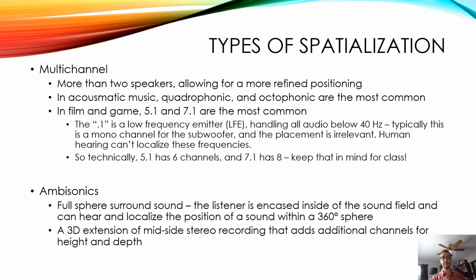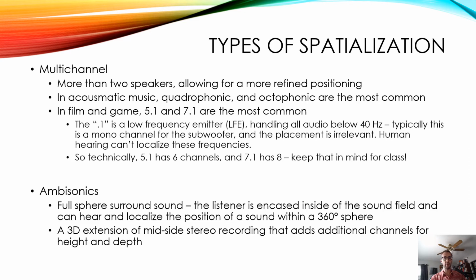But in film and game, which we will be looking at, it's primarily going to be in 5.1 surround, where you have 2 speakers on the left, 1 in the front, 1 in the back, 2 on the right, 1 in the back, and 1 in the center, and 7.1, where you have 3 left: front, middle, back; right front, right middle, right back; center. And in both cases, the 0.1 is a low frequency emitter that's handling all the audio below around 40 hertz.